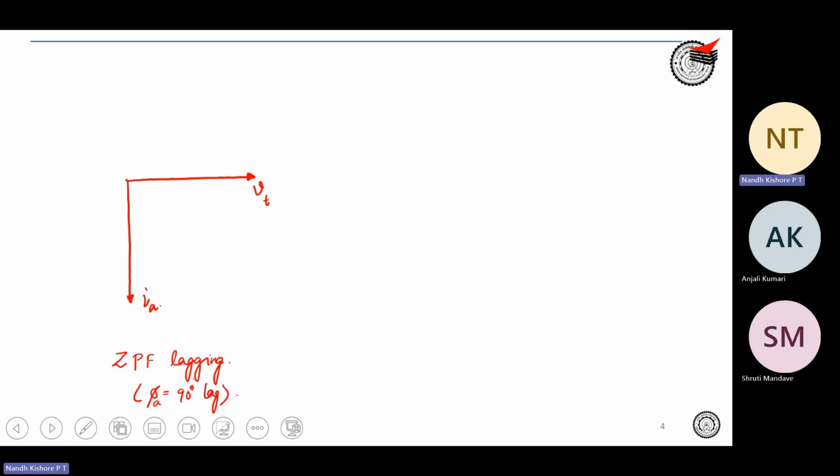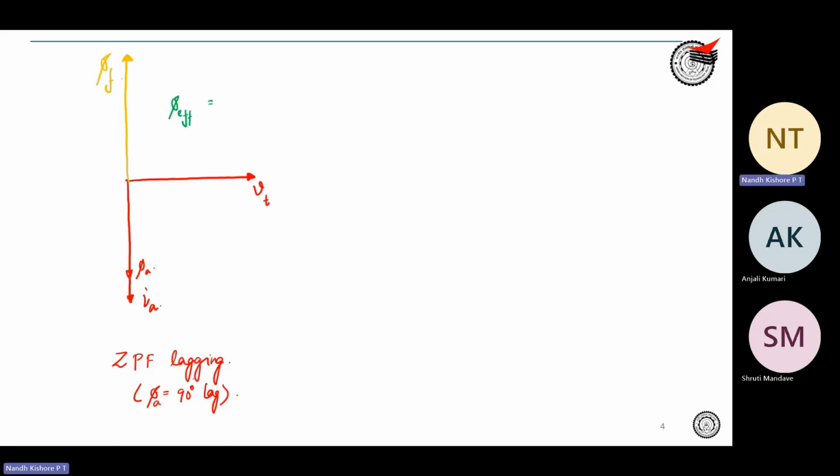We also know that phi F, that is your rotor flux basically, leads. It is over here, phi F, right? In that scenario, because your current is lagging, your armature flux phi A is also lagging, correct?